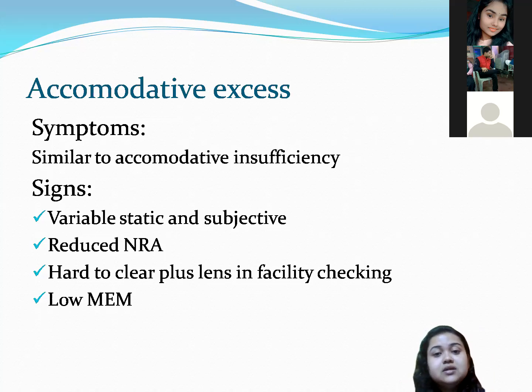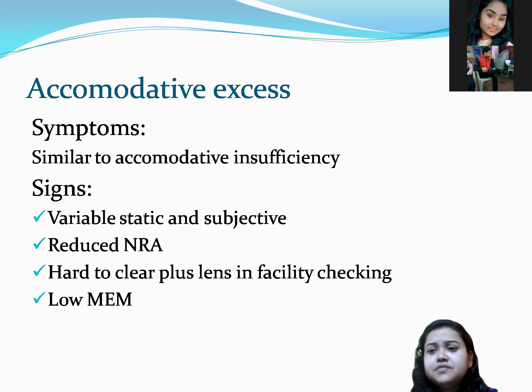Suppose you can get around minus 4 diopter, minus 5 diopter, minus 6 diopter of PRA. You get confused, right? Why? Because you are getting a very high PRA value.